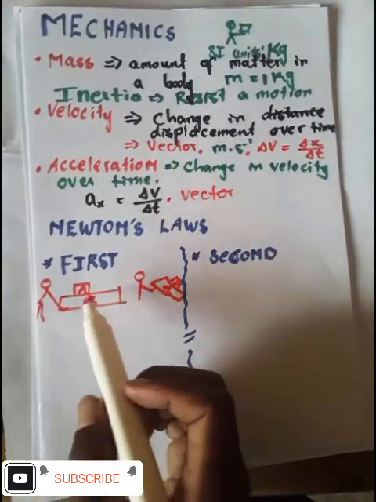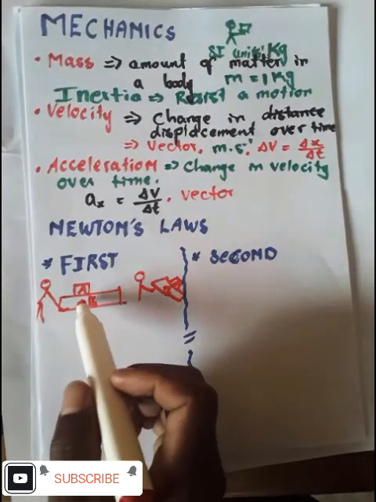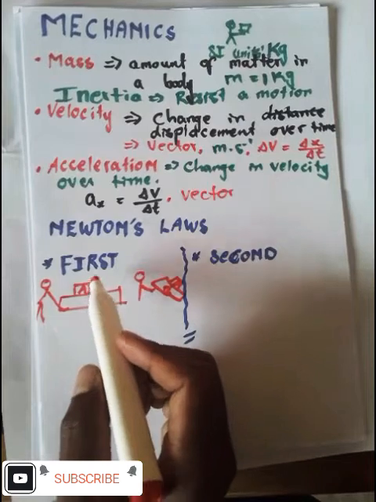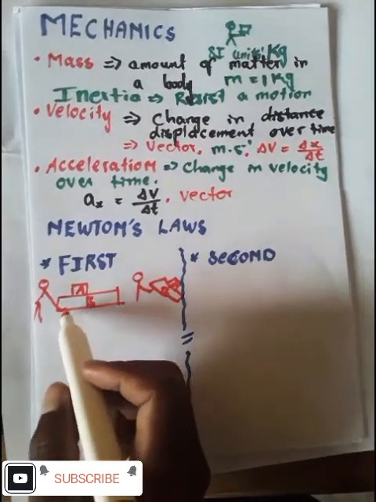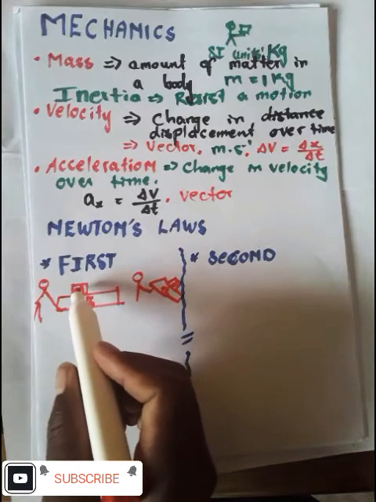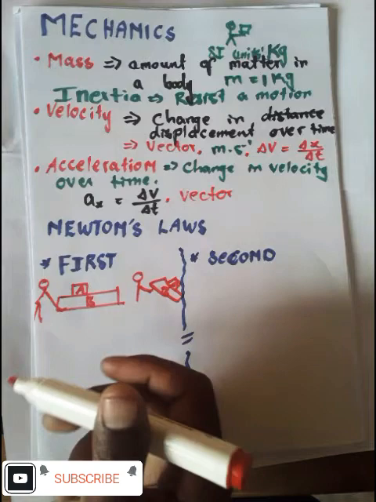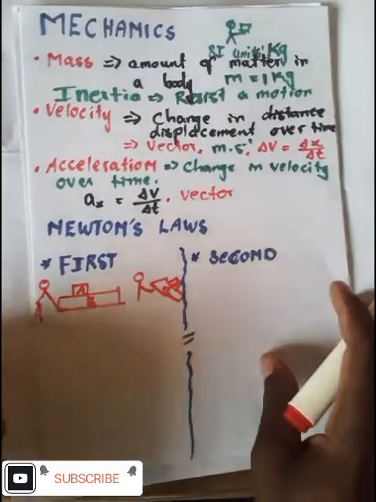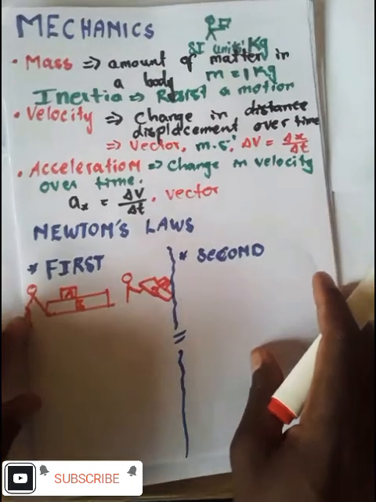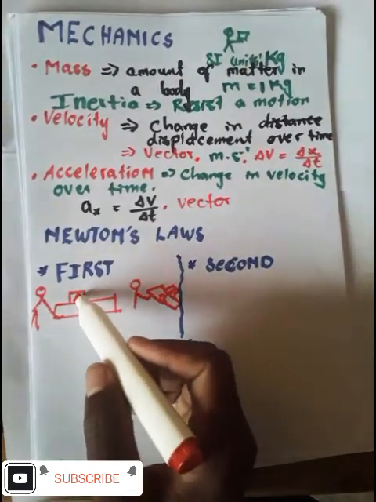So what's causing object A not to slide off? But when you keep lifting it, at some point it's going to start sliding down. Initially the object doesn't fall down immediately, but as you lift it up more and more, it's going to slide down. That is because there is a net force acting on object A.